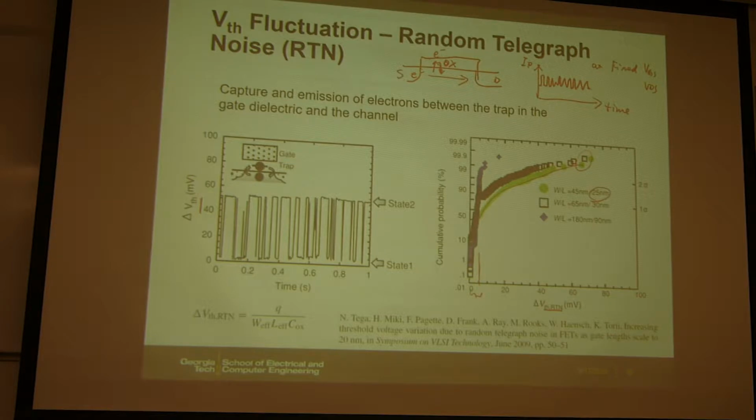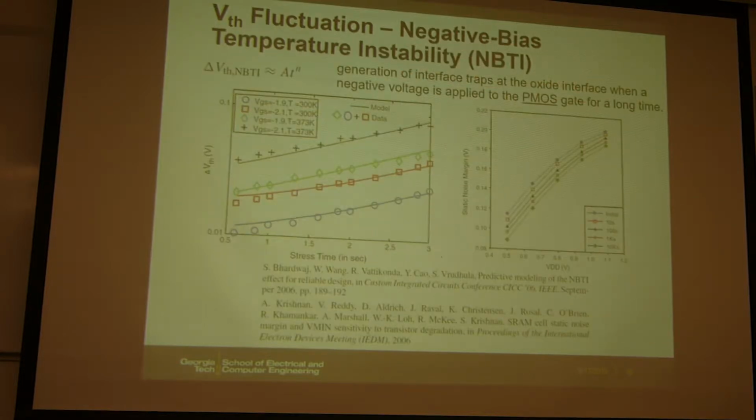So this is the RTN, and the other one is the so-called NBTI. This is mostly for the PMOS transistor, because for the PMOS transistor you apply negative voltage to the gate, so it's negative bias temperature instability. And of course, for the NMOS transistor, you may have the PBTI, but that effect is much less than the NBTI.